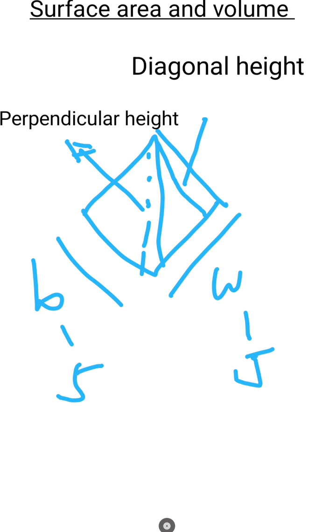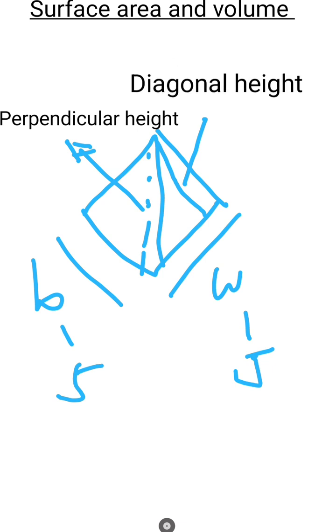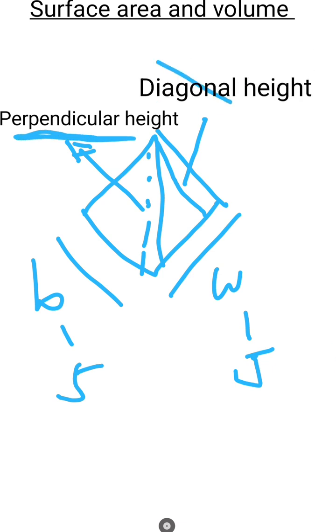The sloped or diagonal line of a right angle triangle, for example, or isosceles, but mainly for right angle triangle, is the hypotenuse or the longest side. So diagonal height or hypotenuse is the longest side. The dashed line is perpendicular height. So you'd use perpendicular.